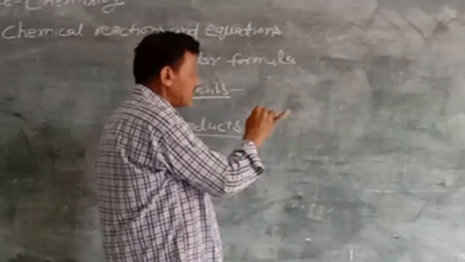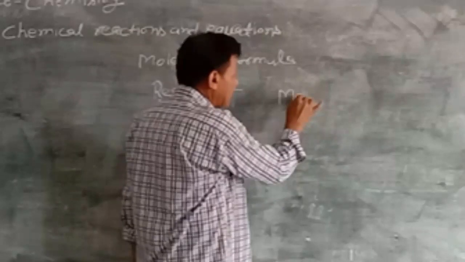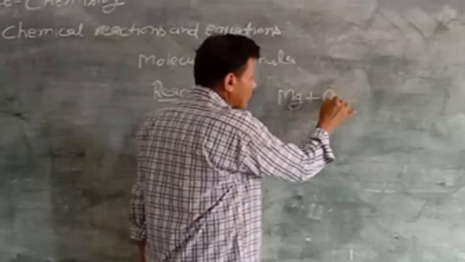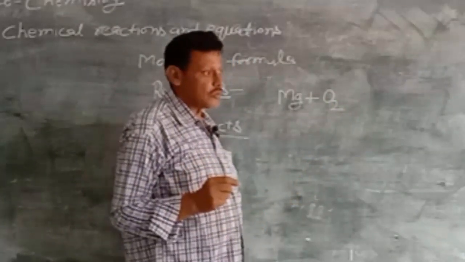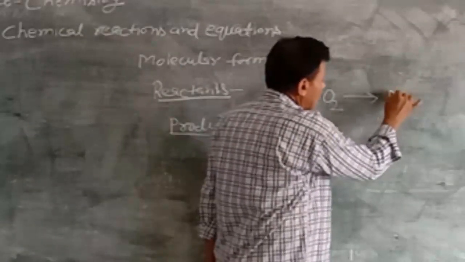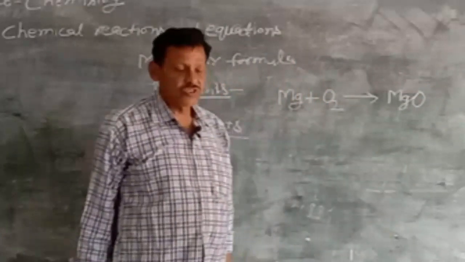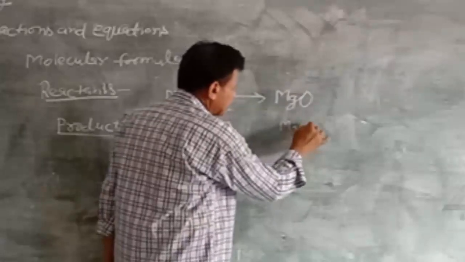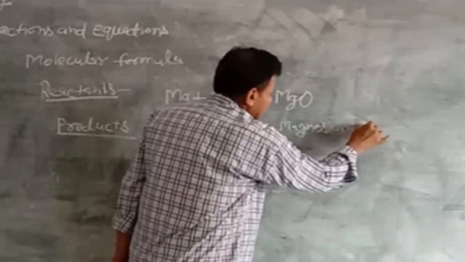Then we write this reaction in this way: symbol of magnesium and molecular formula of oxygen O2. Then a substance is formed called magnesium oxide, MgO. The molecular formula of magnesium oxide; it is called magnesium oxide.